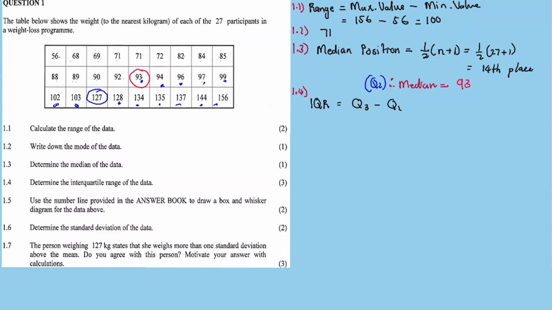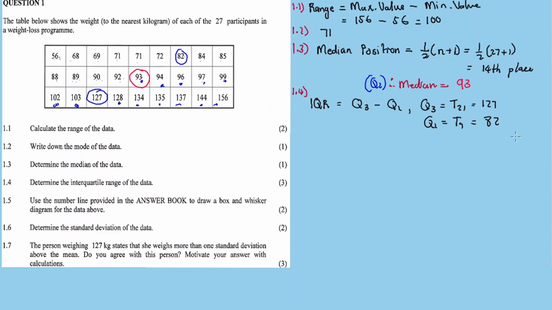It's the 21st term, which is equal to 127. And then Q1, the lower quartile, is term number 7 again, which is equal to 82. 1 2 3 4 5 6 7. Here we go.